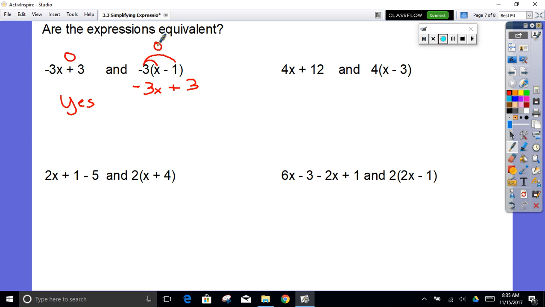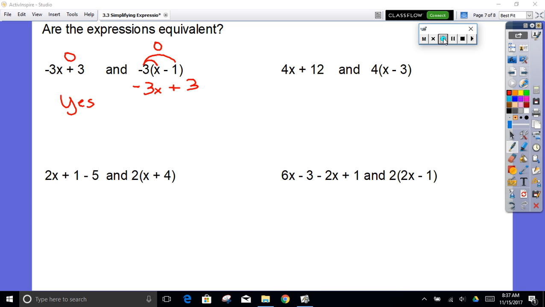But I want you to use distribution first. When you get down to the problems at the bottom, on one of the sides you need to combine like terms to get the most simplified version of the expression, and on the other side you have to distribute. So take a couple minutes and simplify these expressions to decide whether or not they are equivalent.